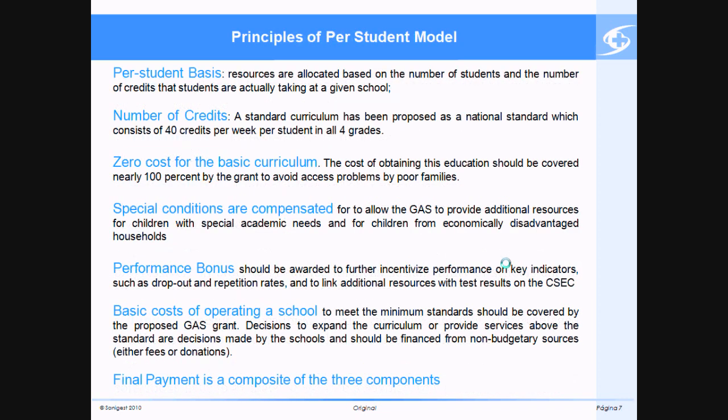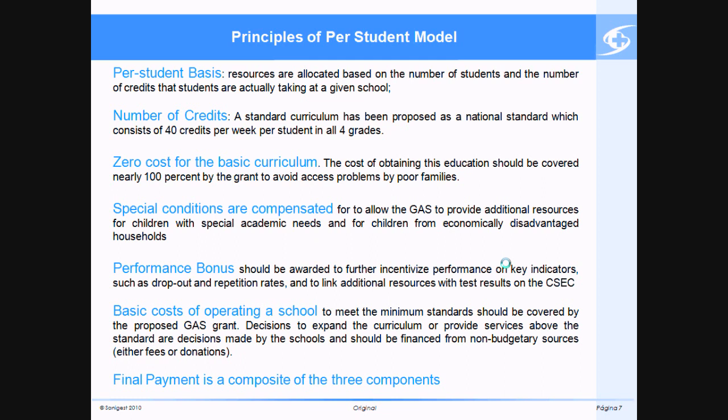Here are some more principles of the system. First of all, it is per student, meaning that resources will be allocated based on the number of students and the number of credits that the students are actually taking in a given school. The number of credits, the model is based on the assumption that the public purse ought to finance a standard curriculum to which all students should have access.